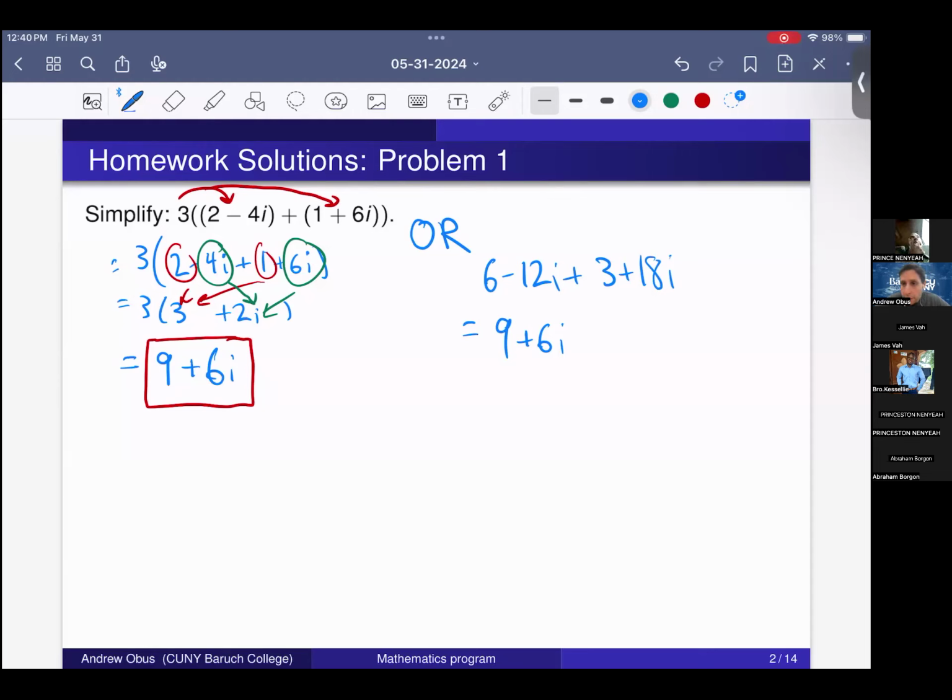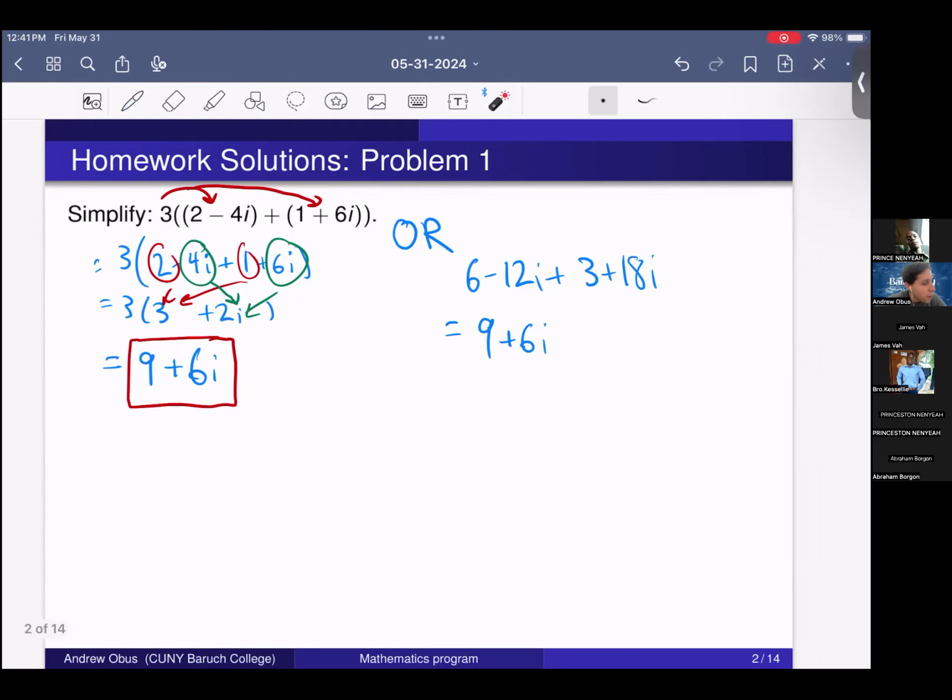Yeah, I'm asking whether the 3 affects the first parenthesis when operating between the first and the second parenthesis. Well, you can't really do this, right? Because this parenthesis goes with this one at the very end. I can't move the 3 inside one parenthesis because then it would be multiplied by the 2 minus 4i, but not by the 1 plus 6i.